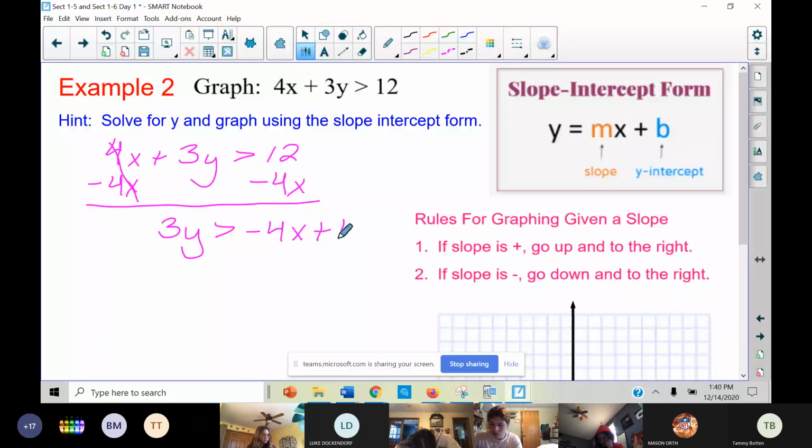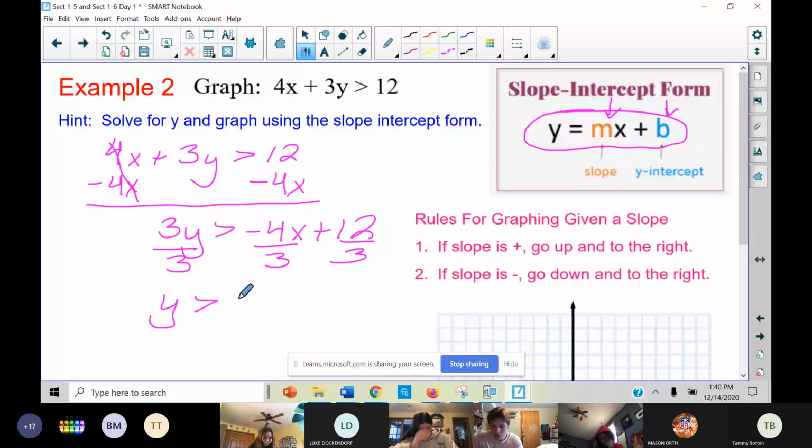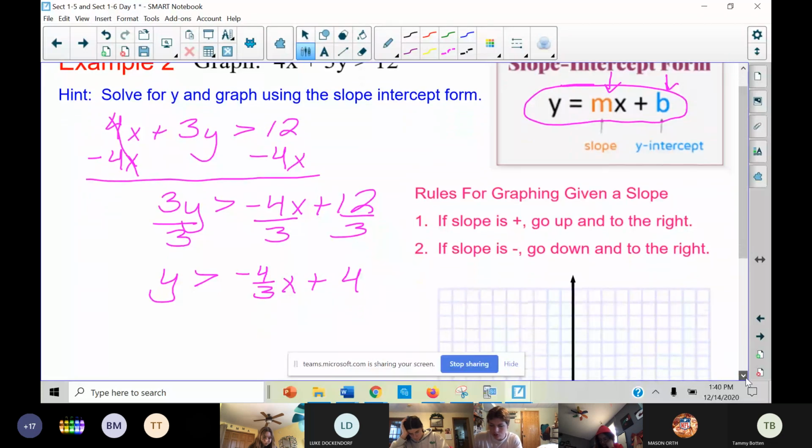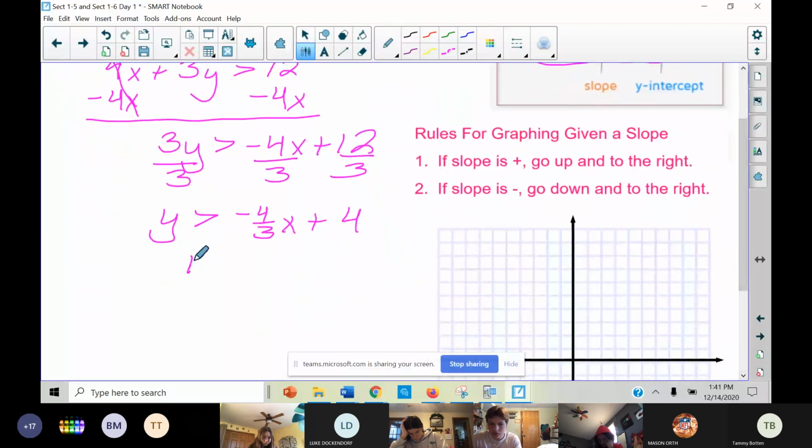I always put my x before my constant because in slope-intercept form, my x is before the constant. Then I divide by 3, and I get y is greater than negative 4/3 x plus 4. So my slope is negative 4/3 and my y-intercept is 4.